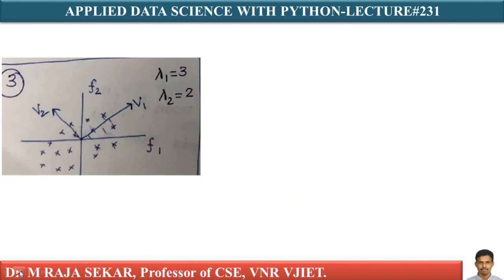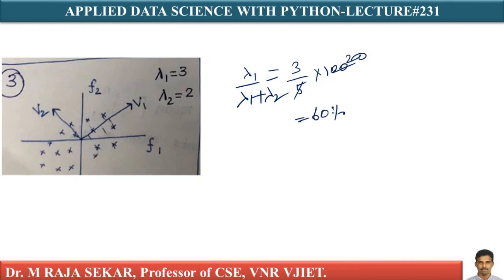What about my case 3? If I calculate lambda 1 by lambda 1 plus lambda 2, I will get 3 by 3 plus 2, which is 3 by 5, that is 60%. What does it mean? If I project all of my data onto v1, I am only going to preserve 60% of the data.